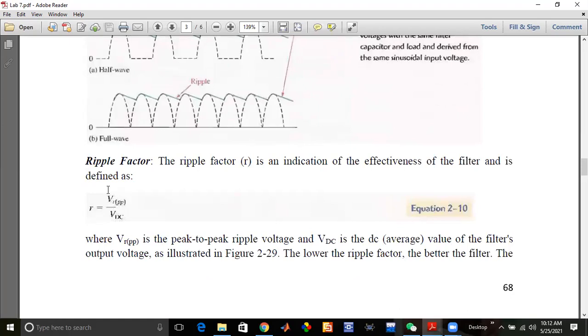VR means the ripple voltage, and VDC means the average value of the DC output. VR pp is the peak to peak ripple voltage, and VDC is the average value of the output voltage. So the lower the ripple factor, if the ripple factor value is smaller, it means the better the filtering operation.